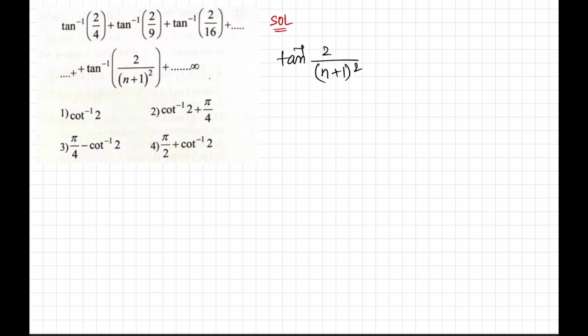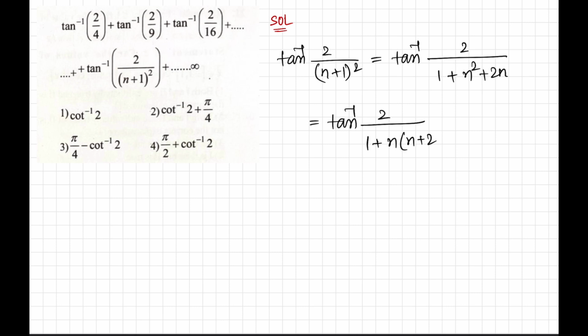Tan inverse 2 by (n plus 1) whole squared. So what we first of all do is we expand the denominator. So we write 1 plus n squared plus 2n. And in the numerator, we have 2. Now here, from these two terms, if we take n common, we have tan inverse 2 by 1 plus n into (n plus 2).